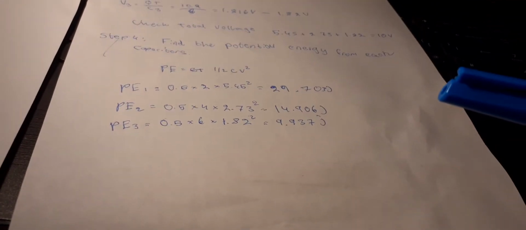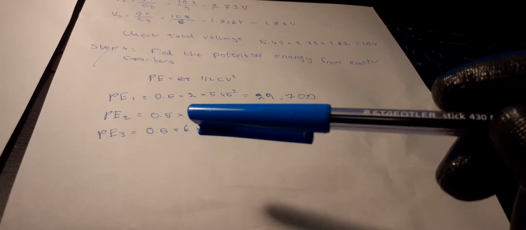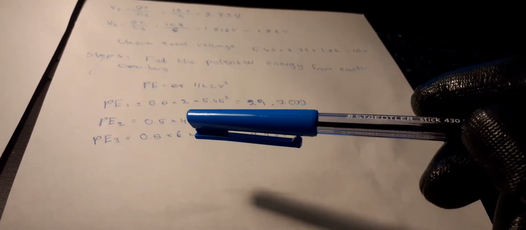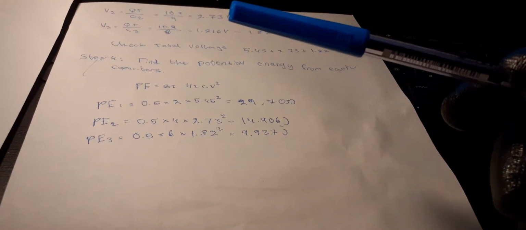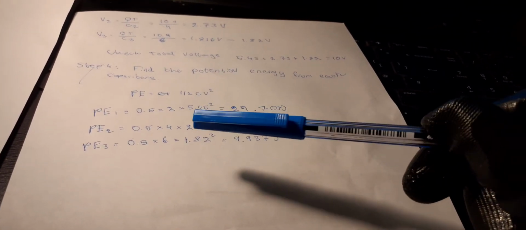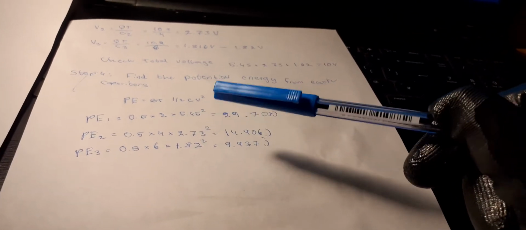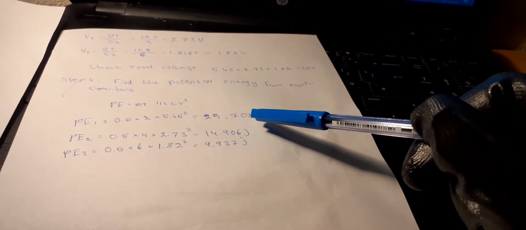You can see here PE1 is 0.5 times the capacitance of C1, times the square of the voltage for C1, which is 29.7 joules. The SI unit for energy is joules.